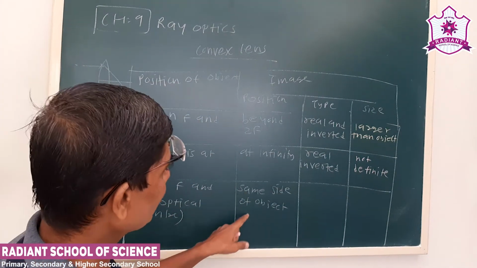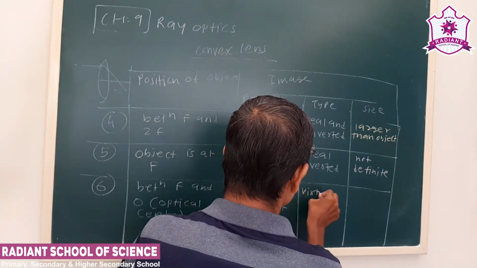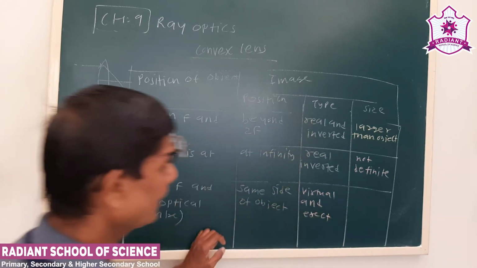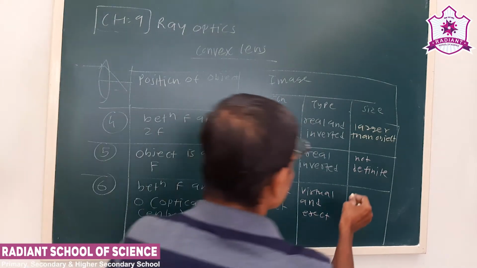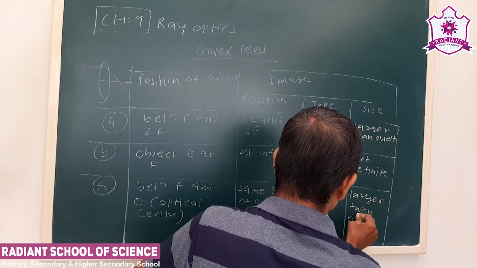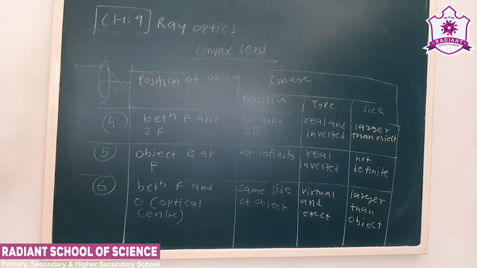Now the image will be on the same side. It will be virtual and erect, and the image will be larger than the object. So, in a convex lens, we get a larger image.